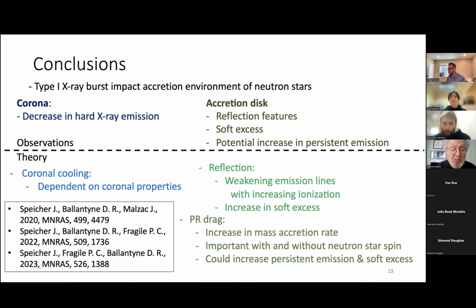Yeah, Julia, thank you. That was a great talk. I'm very impressed with all the things you've done in such a short amount of time. I have many questions, but we can talk at more length later. But right now, I was wondering if you can tell me something about what's the typical density in the simulations and in the accretion flow that you're considering here, because that might be connected also with how the reflection explains the soft excess.